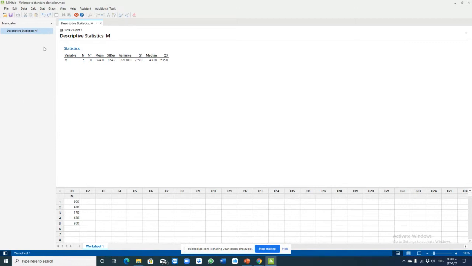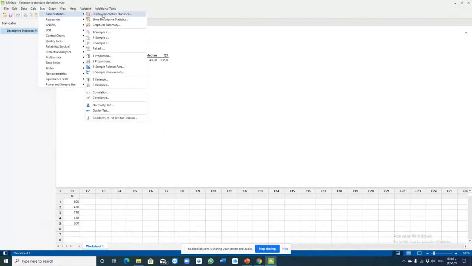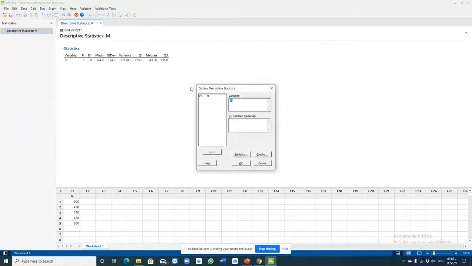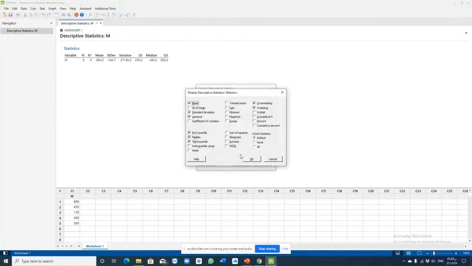Basically, I did that here in Minitab as I showed you before. You go to Stat, then Basic Statistics, then Display Descriptive Statistics, and you choose the data column, and then you select the type of descriptive statistics you would like to show.